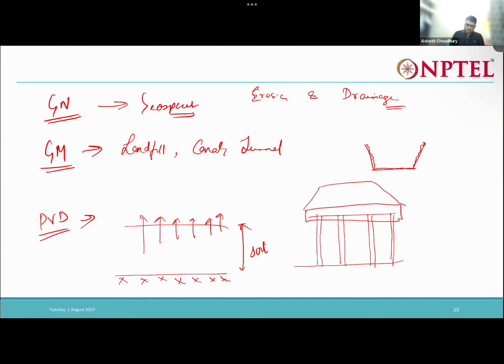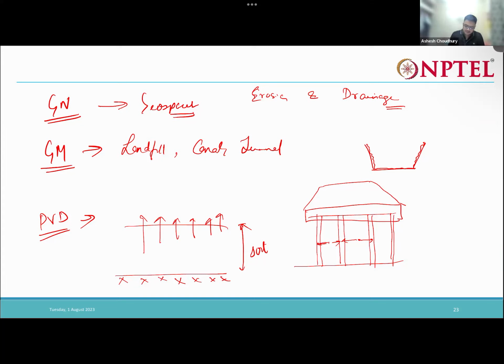Water from here will come here, and water from this point can travel here. You are increasing the drainage paths, not the length of the path. By increasing the drainage paths, I mean we are giving more scope to the water to drain out.